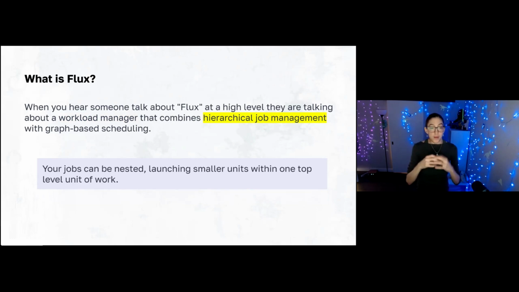So you might launch a batch job where half of some topology is doing a simulation set of work, and the other half is using GPUs and some set of services. And actually each sub-instance within that larger instance can launch smaller units, all the way down. It's very matrixy, quite cool.